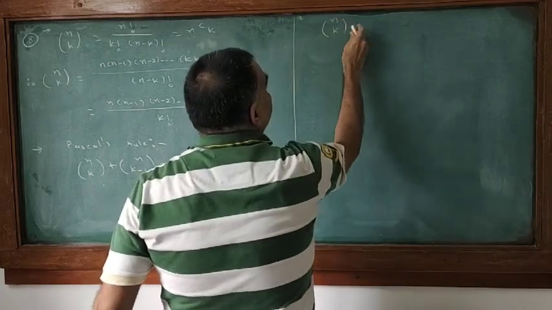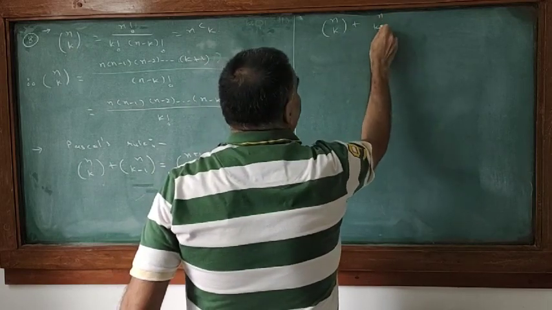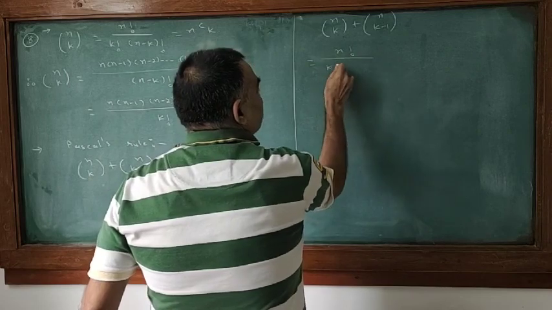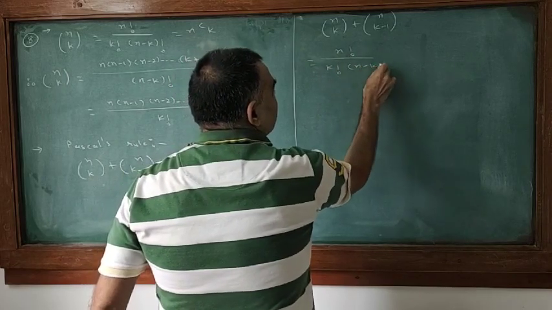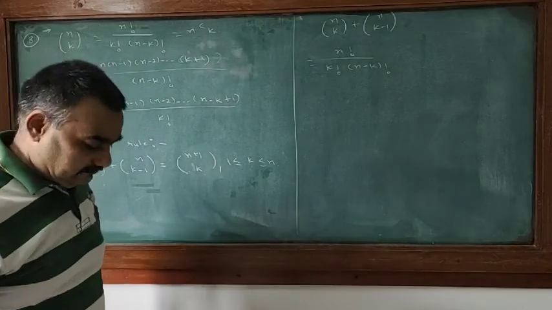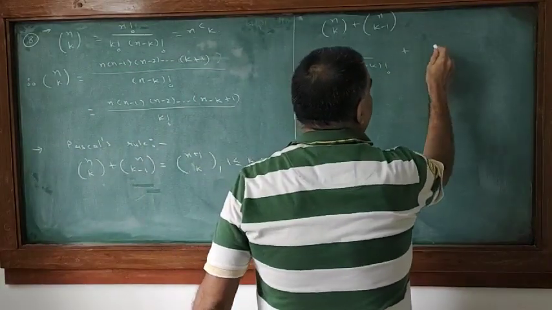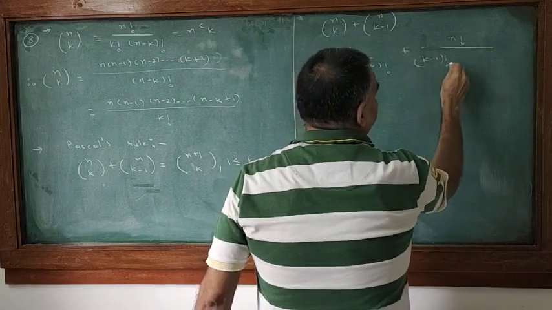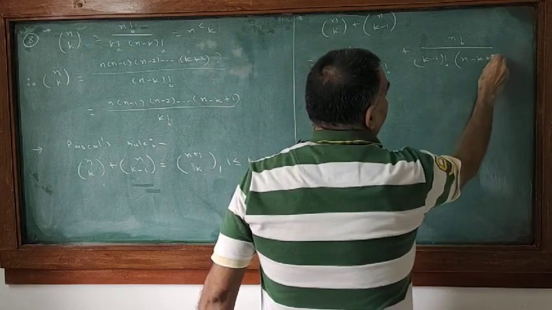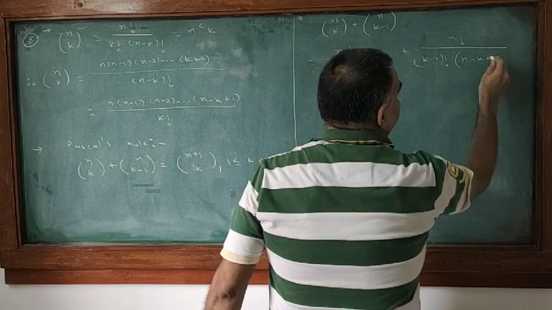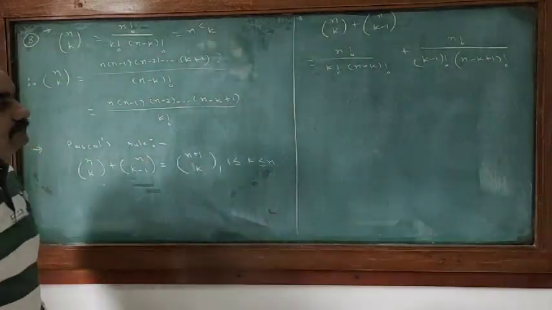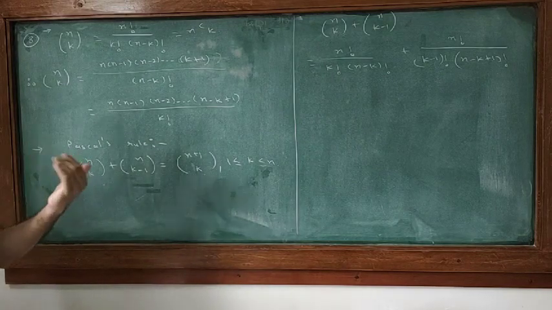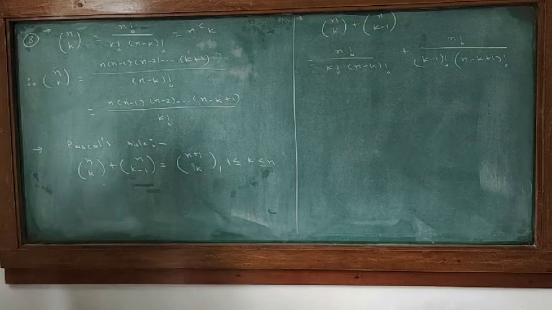nCk plus nC(k minus 1) is n factorial upon k factorial n minus k factorial, plus n factorial upon k minus 1 factorial n minus k plus 1 factorial. Now the things which we can take in common, keep it out.